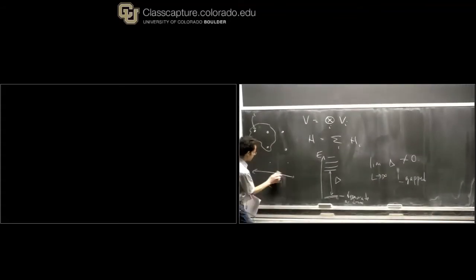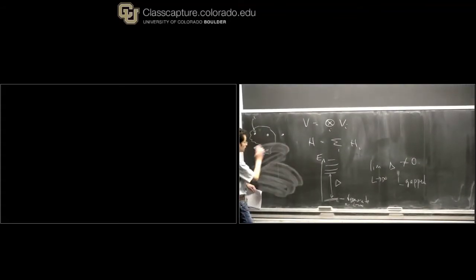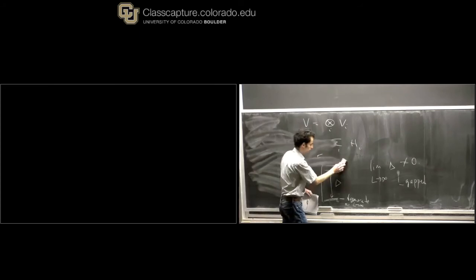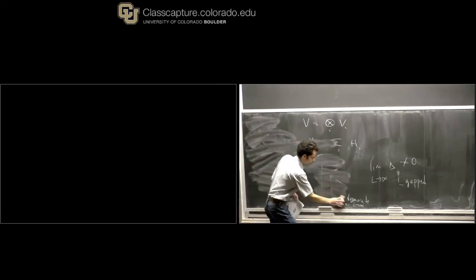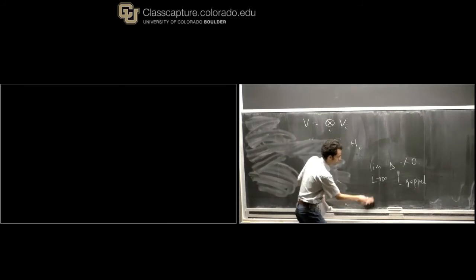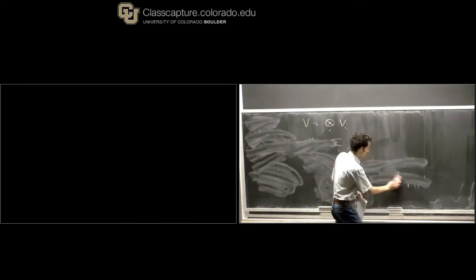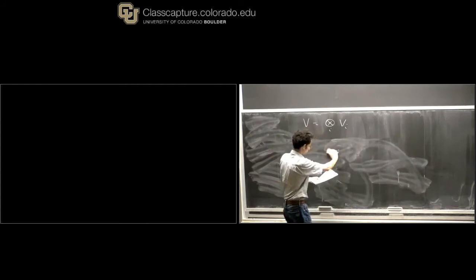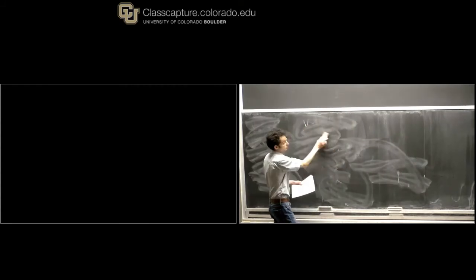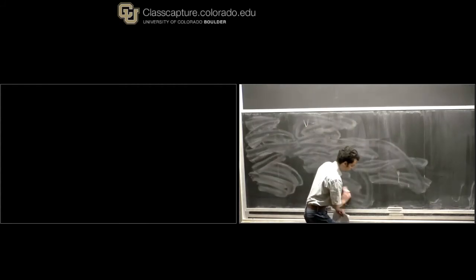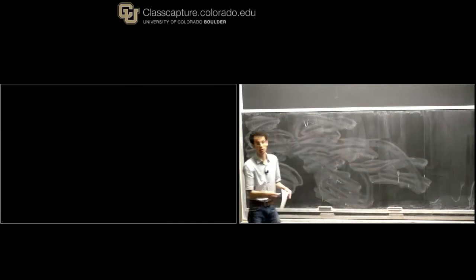Now, you can imagine that for a given bulk Hamiltonian, I can have many boundary Hamiltonians. I can go ahead and do anything I like to the boundary Hamiltonian. And I can ask, well, what happens? So in general, we can get phase transitions on the boundary without phase transitions in the bulk.